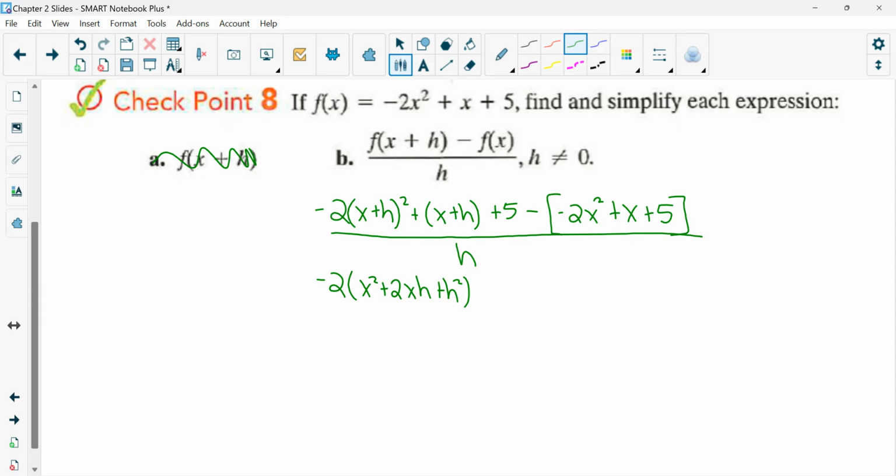I don't need these parentheses here because it's just a plus x plus h, so I'm just going to write this as plus x plus h plus the 5 that I had, and then I'm distributing the negative sign. So it'd be positive 2x squared minus x and minus 5.